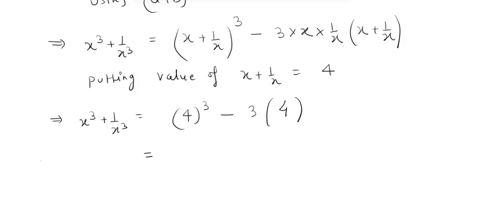So now x cube plus 1 by x cube is equal to 4 cube, 4 multiply 4 multiply 4, it means 64, minus 4 threes are 12.